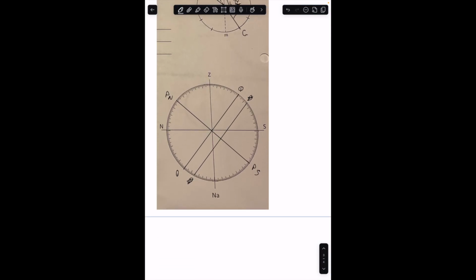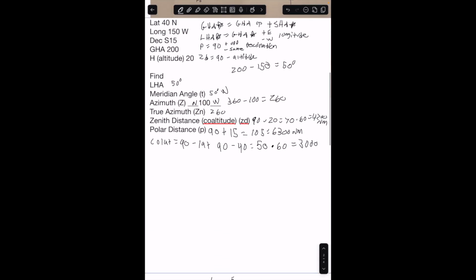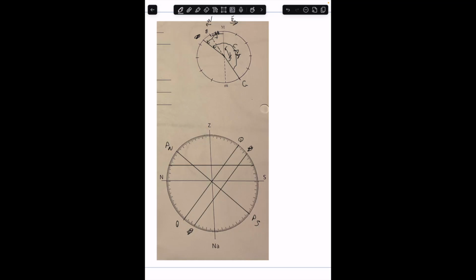This north-south plane is our horizon, so we go up from our horizon 20 degrees. The point where our altitude and the circle of the body intersect is where the body is in the sky.